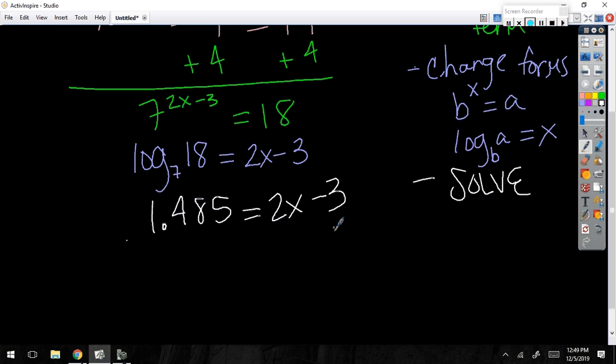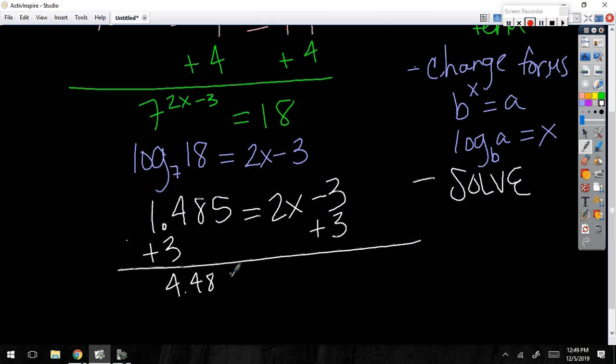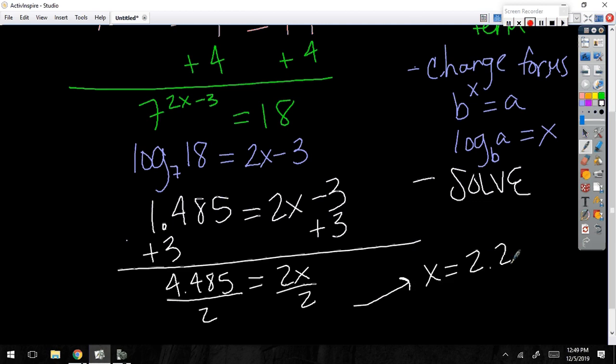You don't have to take it 3, but take it out at least 2. Now solve. Add 3. And divide by 2. 2.2425.